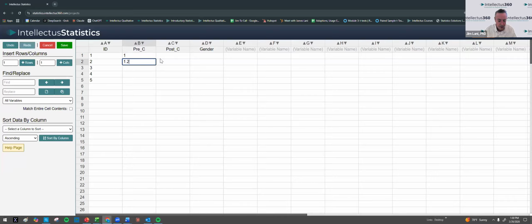1, 1.2, 1.4, 2.4, 1.8. Okay, I'm keeping these very tight in there, and 1.6. And let's just say the post confidence is 4, 5, 4.8. Okay, 4.9.